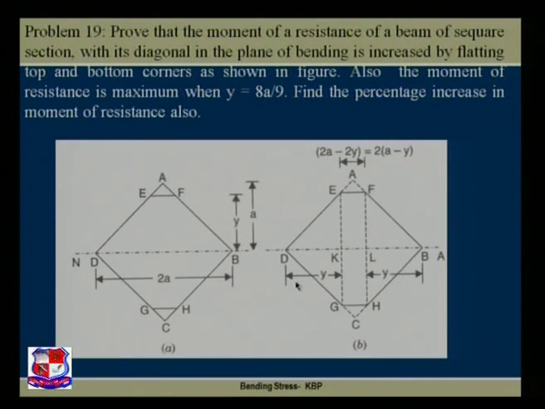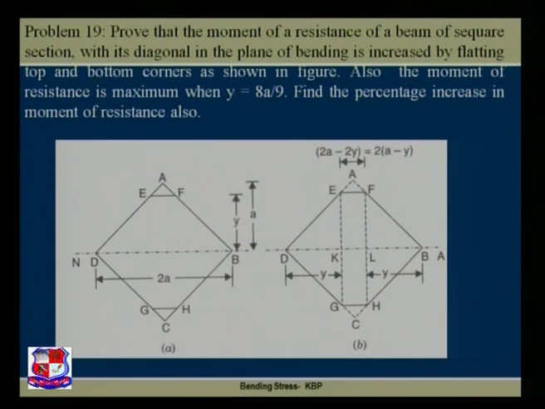The question is about y, the distance from the CG to the EF. If y is equal to 8a by 9, then we can achieve maximum moment of resistance, and that we have to find out, yes or no, that we have to prove over here. Also, we have to find out the percentage increase in the moment of resistance.